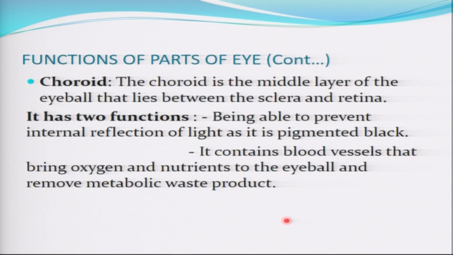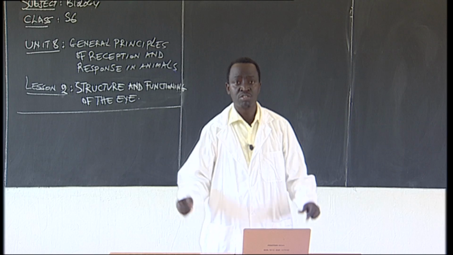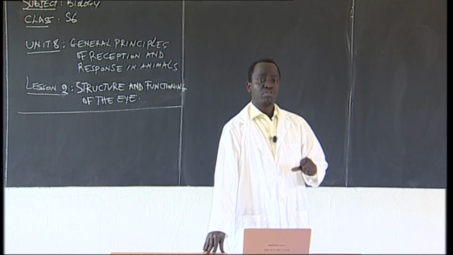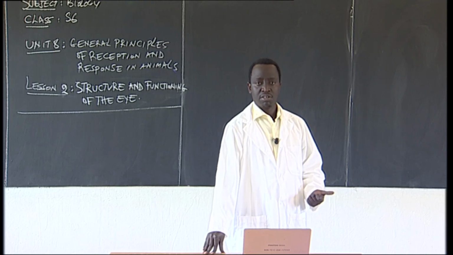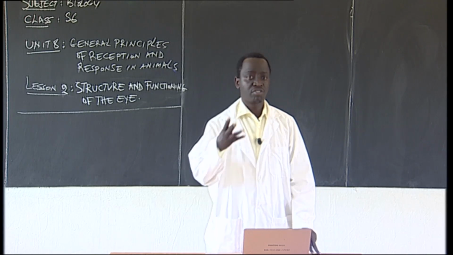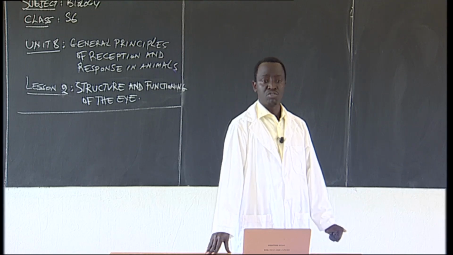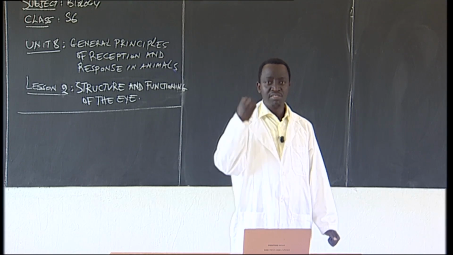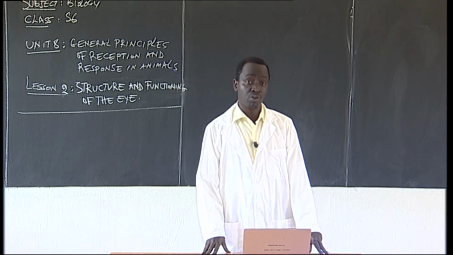It has two functions. It is the one that prevents the internal reflection of the light, as it is pigmented black. When the light has reached the inside of the eye, it cannot be reflected back because the choroid is there. The choroid also contains blood vessels. Those blood vessels bring oxygen and nutrients to the eyeball, which needs them to work well.